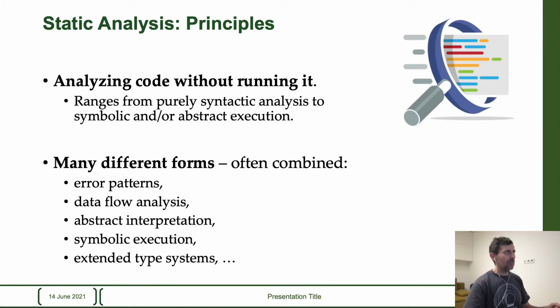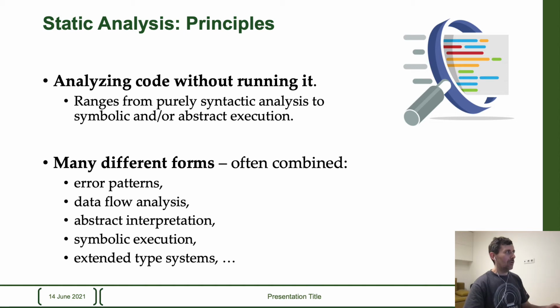A little bit, but a tiny little bit about principles of static analysis. As I have said, it's trying to analyze code without running it. So what does it do instead? Well, it can do various things, ranging from purely syntactic analysis based on pattern matching. So for those of you who know grep, you can view grep as a static analyzer. So it's basically really pattern matching in text.